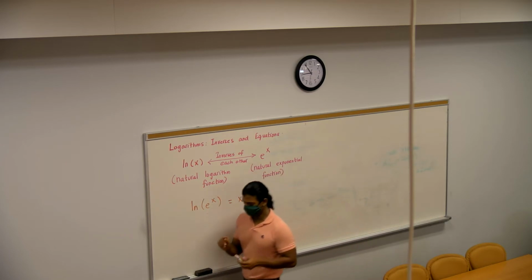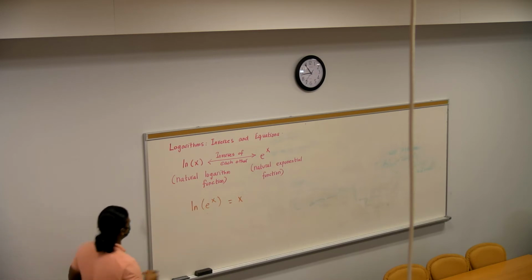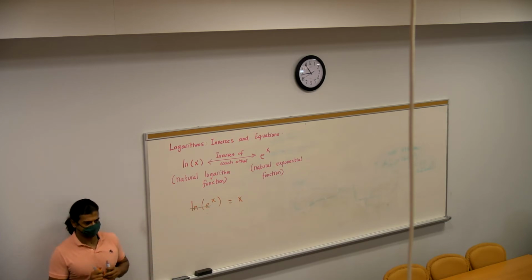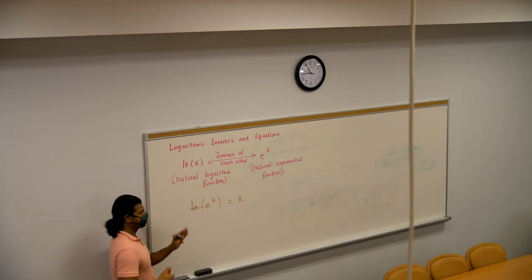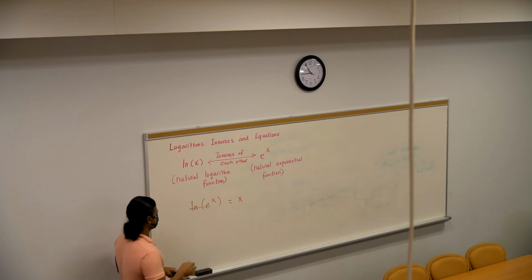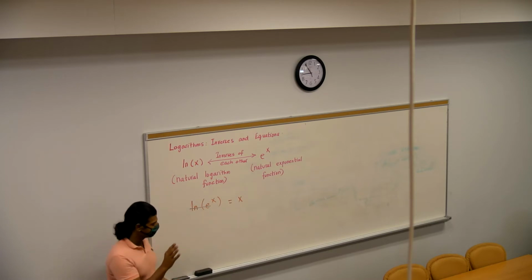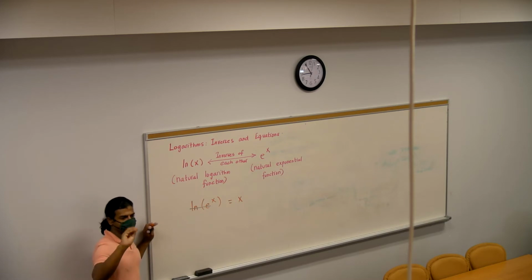I tell my students an easier way to remember this is these two sort of go away, and you're just left with x. Formally, though, that is very incorrect to look at it that way, but an easier way to recognize that if you have ln and inside ln you have e raised to x by itself, then the ln and the e would get cancelled and you're simply left with x.